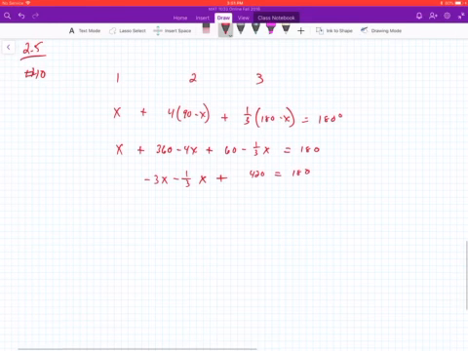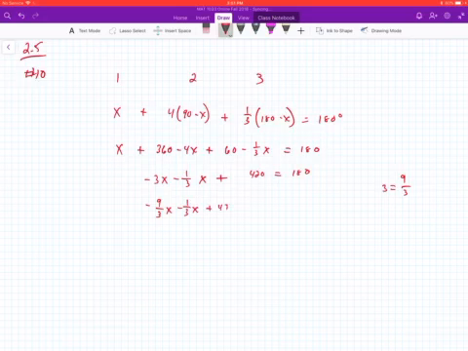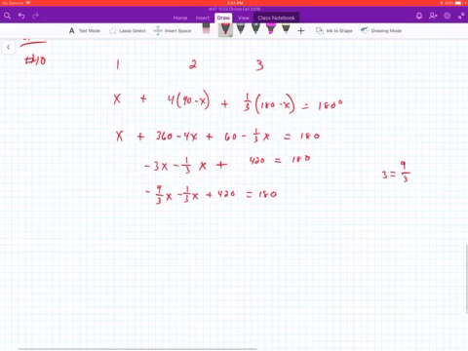We have several ways of doing this. We can convert the 3 into a fraction, some number over 3. If we do 3 times 3, we get 9, so 9 over 3 x is equivalent to 3x.